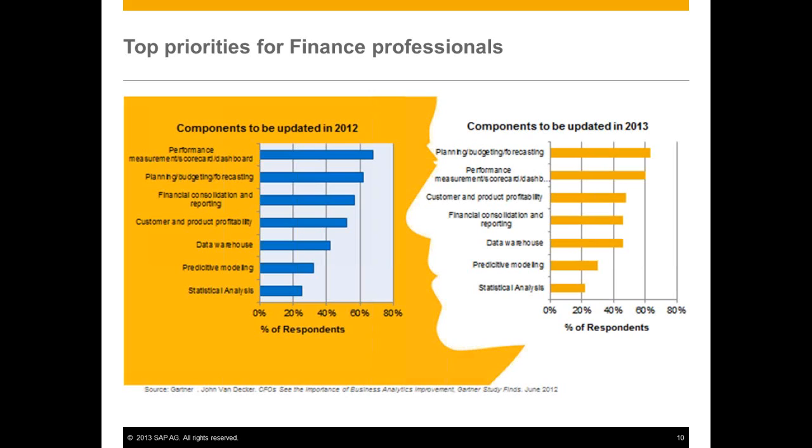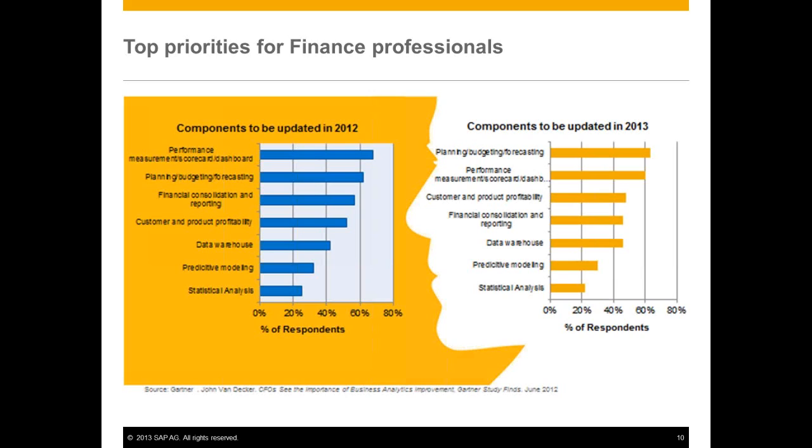They also took an opportunity to get some foresight into what CFOs and finance professionals see as opportunities for 2013. You'll notice that the trend doesn't change too much. But I do want to highlight that in addition to the planning, budgeting, and forecasting, and being able to visualize with the use of dashboards and scorecards around KPIs, they also want to be able to do both customer and product profitability.